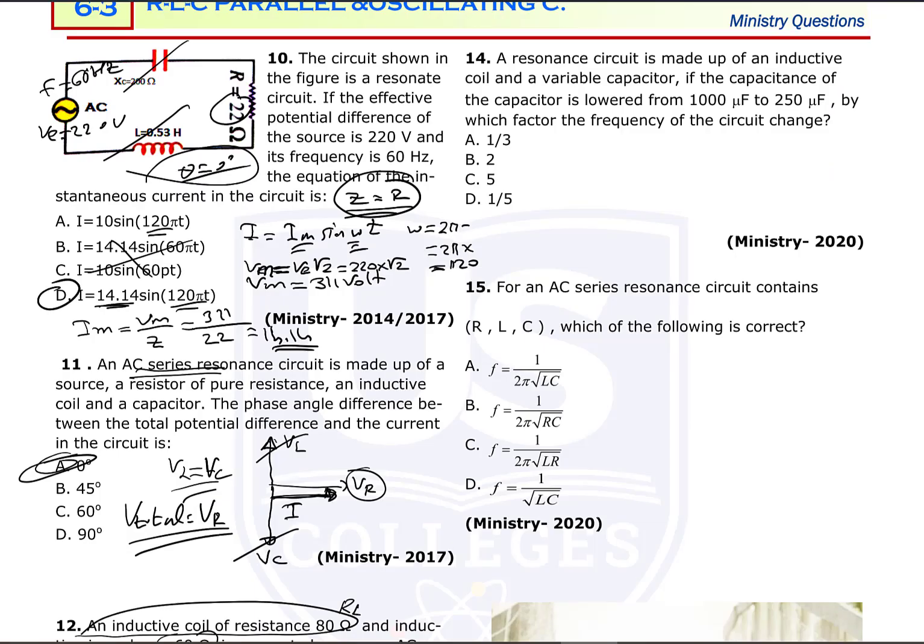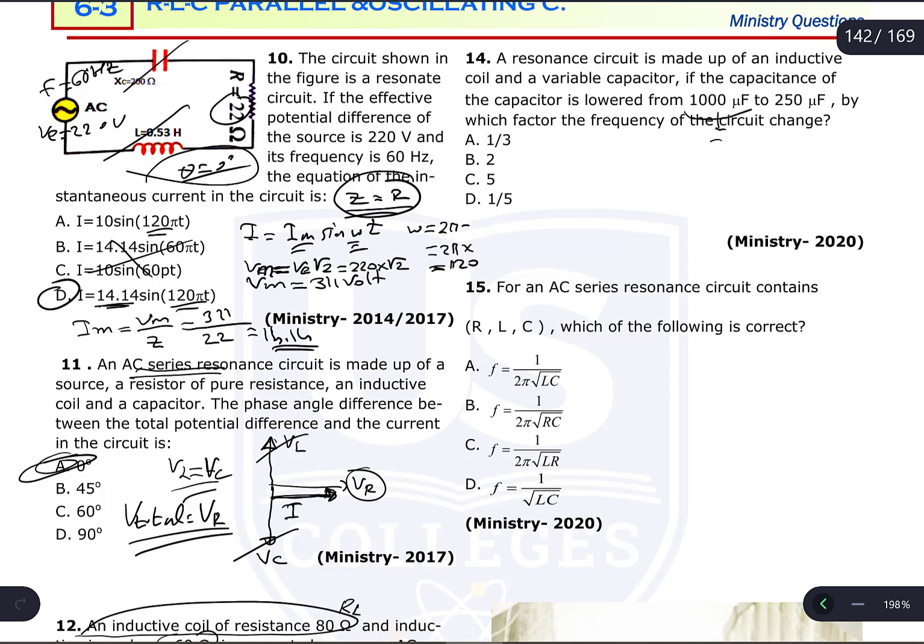And question number 14. A resonance circuit is made up of an inductive coil and a variable capacitor. If the capacitance of the capacitor is lowered from 1000 microfarad to 250 microfarad, by which factor does the frequency of the circuit change? So it changes from 1000 to 250.